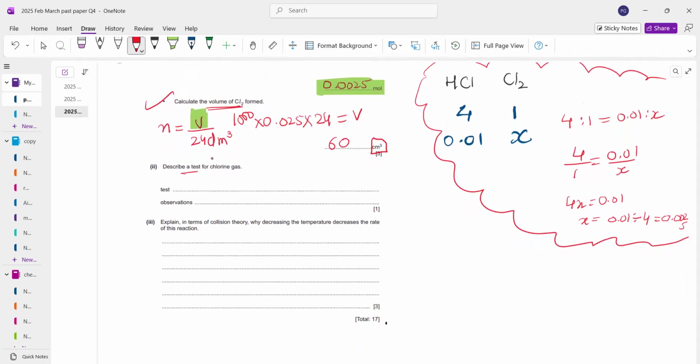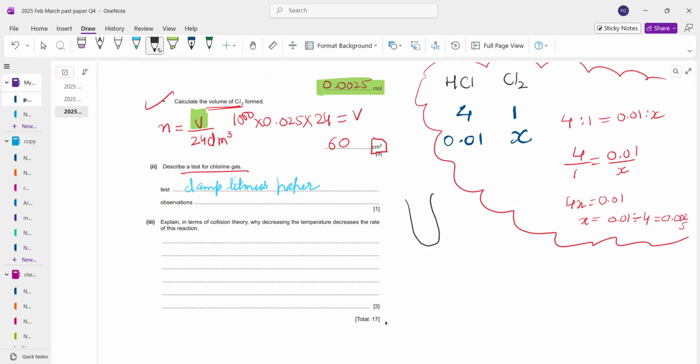Describe a test for chlorine gas. This is very interesting. Chlorine is actually a bleaching agent. It has bleaching tendency, which means that it just turns everything light in color. It makes the color go really light. So the test is a damp litmus paper test. You're going to bring a wet litmus paper close to the test tube releasing the chlorine gas.